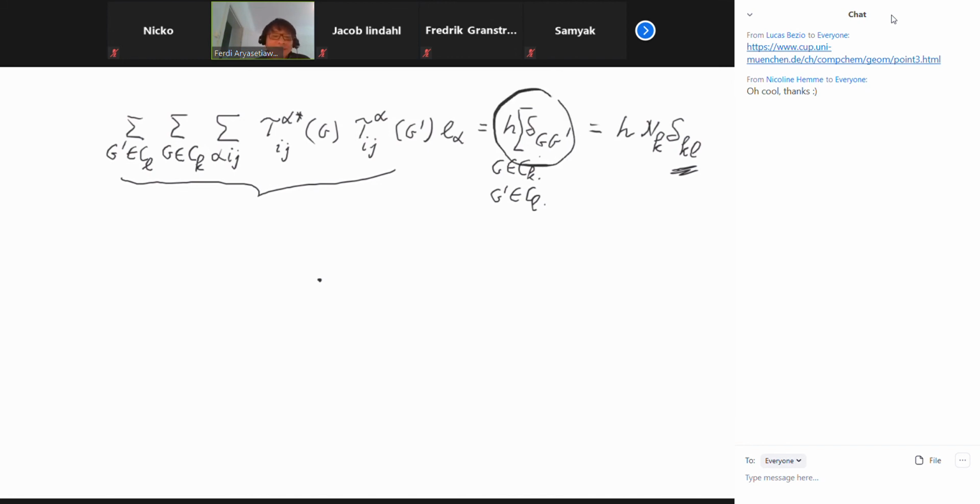So it's only non-zero if the G and the G prime belong to the same class. And if they belong to the same class, then K is equal to L, then this is just equal to H times the number of elements in the class K, or class L. So if K equals L, then we just get H times NK, or NL. Yeah. Okay.